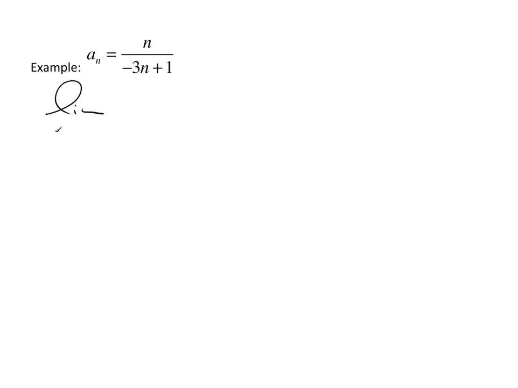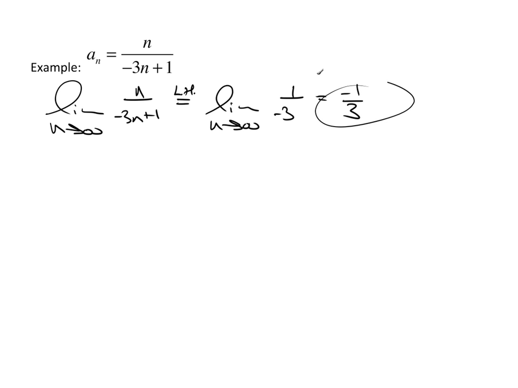And this next example I believe I also did earlier. Take a look at the limit as n goes to infinity of n over negative 3n plus 1. Now, this goes to infinity over, well, infinity over negative infinity. So I can use L'Hopital's rule. So this converges to negative 1/3, so therefore a_n converges.